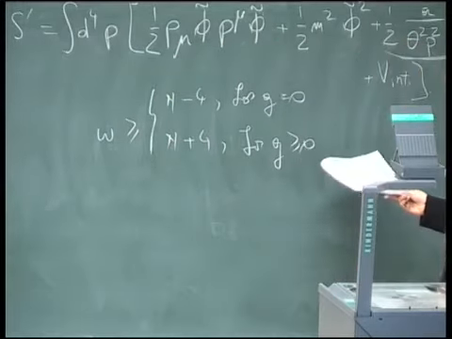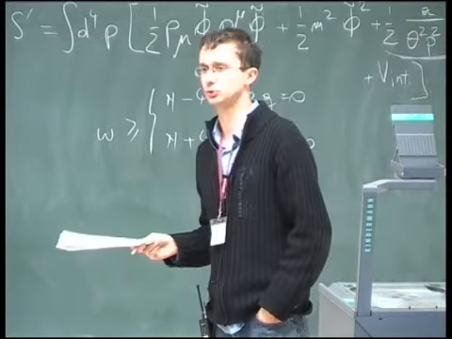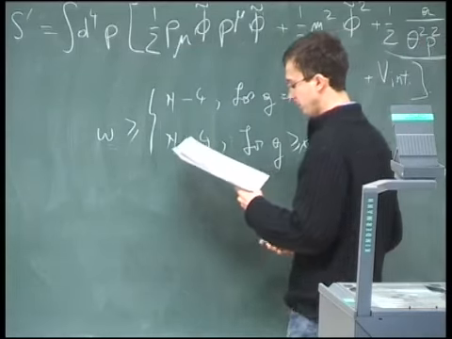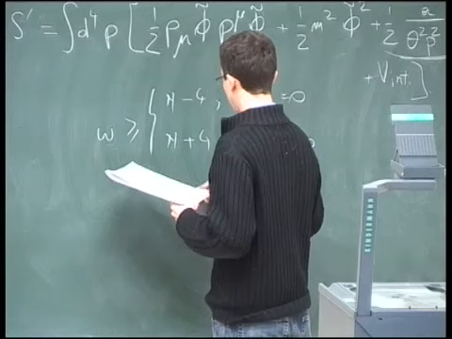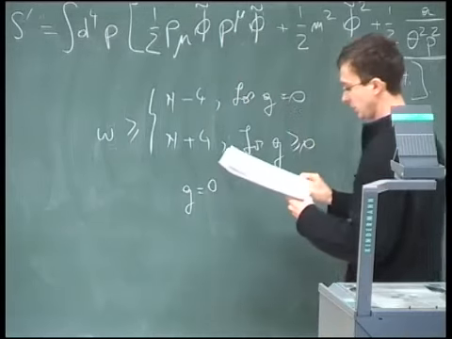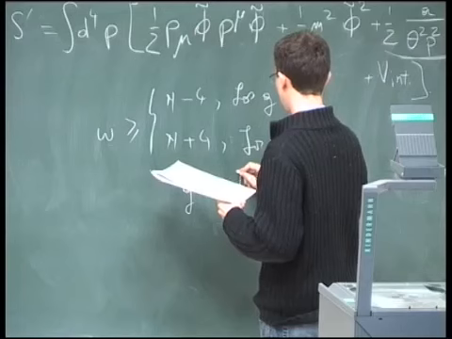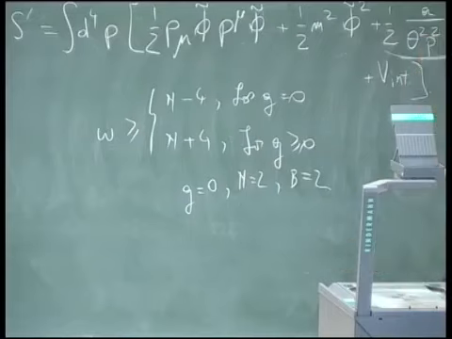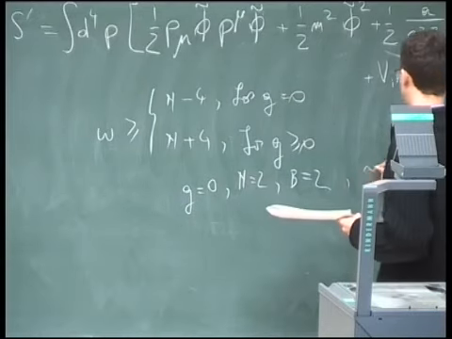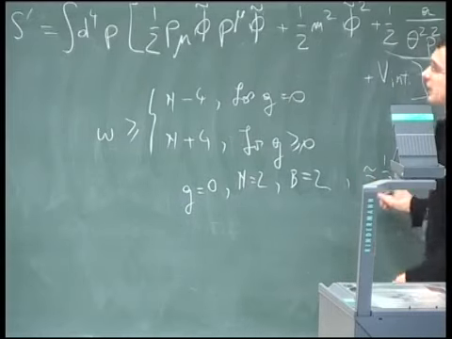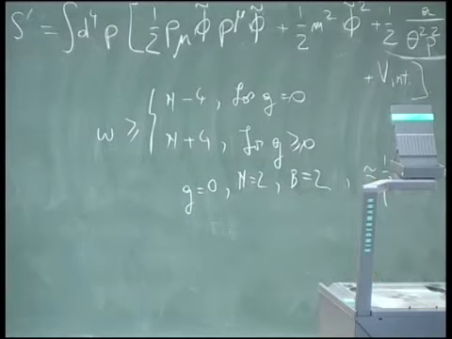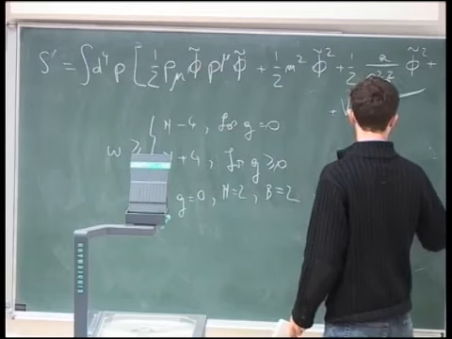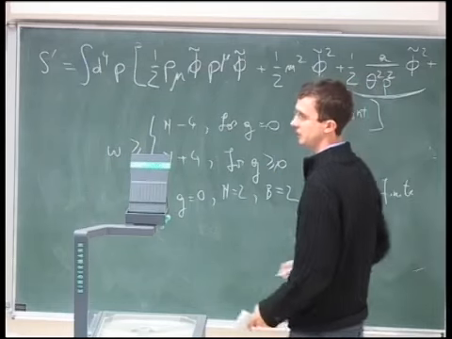And then for non-planar graphs with genus superior to 1, the graphs will be convergent. Moreover, for the graph with g equals 0, n equals 2, but with more than one broken face, we have proven that all the graphs have this type of behavior, 1 over p squared, which is actually finite, because p will be just the external momenta.